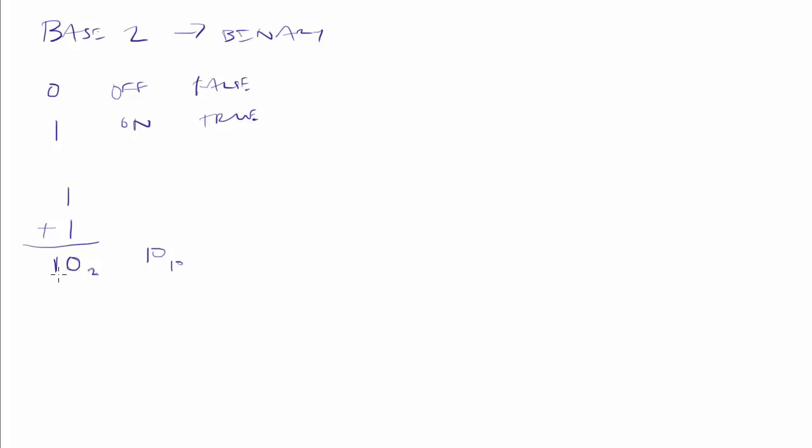Okay? So you've just done your first binary conversion. A 1, 0 in binary is a 2 in decimal. It's equivalent. But if we look at this, a 1, 0 is equal to a 2 in base 10.